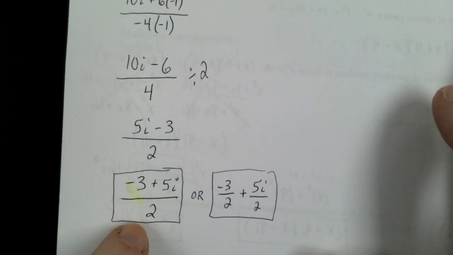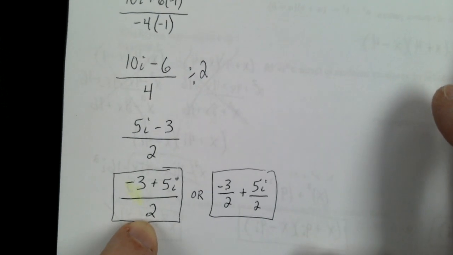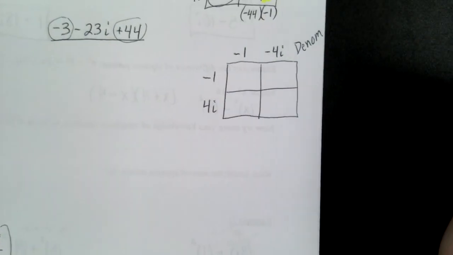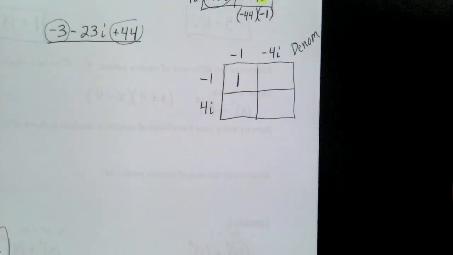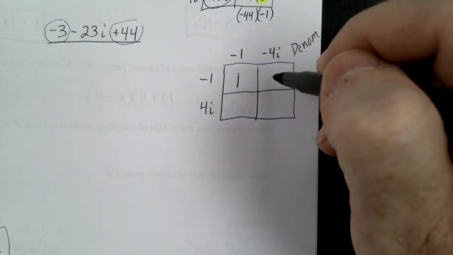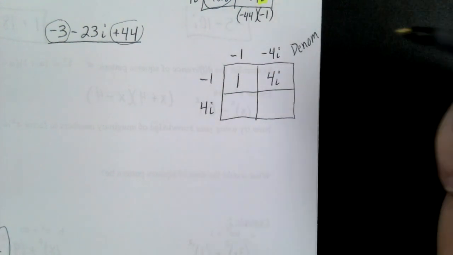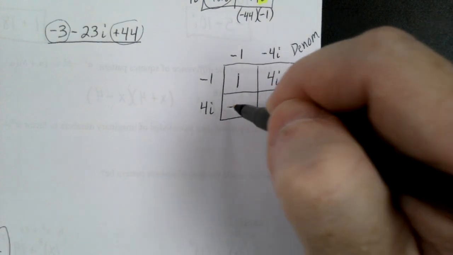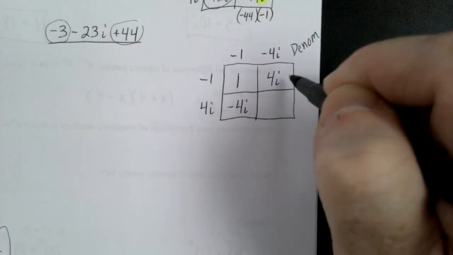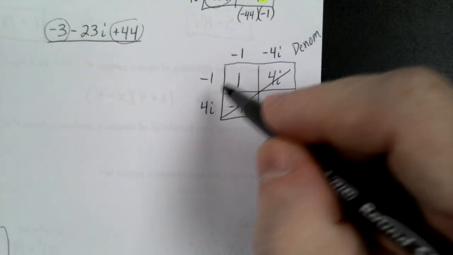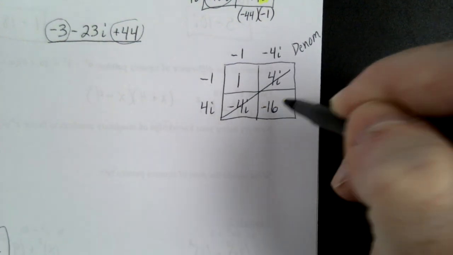Remember down here, that last problem, we ended with no i's in the denominator. Negative 1 times negative 1. Negative 1 times negative 4i is positive 4i. Negative 1 times 4i is negative 4i. So there you see they're opposites. They're going to cancel. Negative times positive is negative 16.